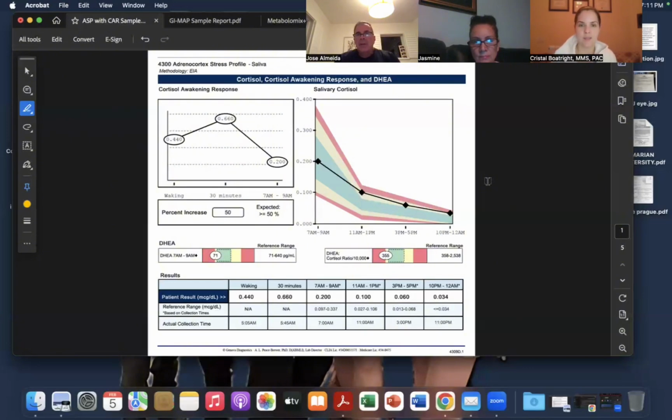All right, Jasmine, how do you explain this to the patient, what you're seeing? Well, pretty much the same. I would just basically let them know that their adrenal glands are not functioning normally, because due to stress or whatever factors in their life at the moment, they're getting to the point that the adrenal glands are getting tired and they're not going to help them manage their day-to-day stressors.